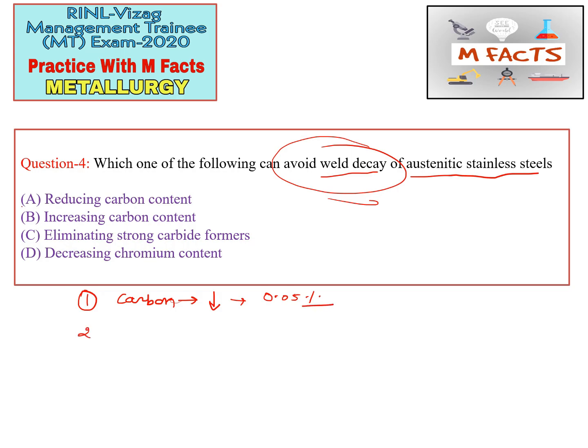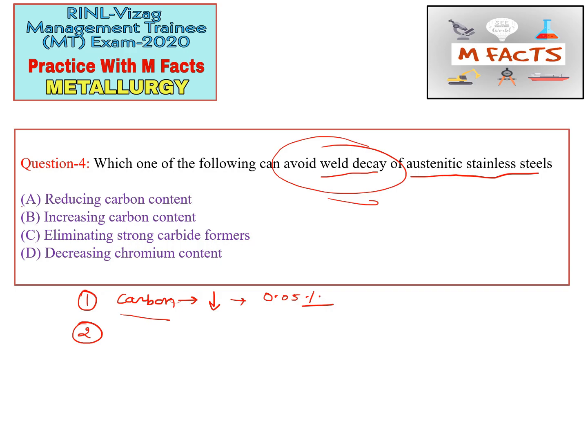Okay, so there are only three ways of avoiding the weld decay of austenitic stainless steel. The first one is the carbon percentage. If we are able to reduce the carbon percentage, we can avoid the weld decay.